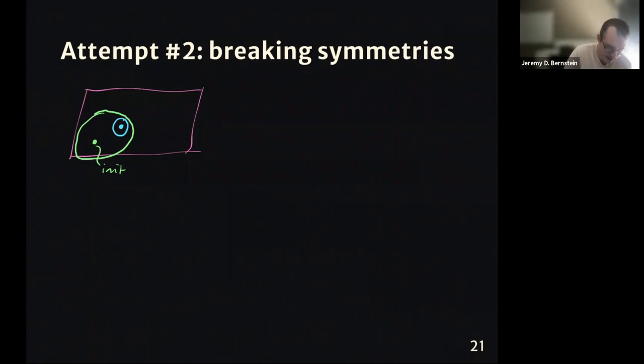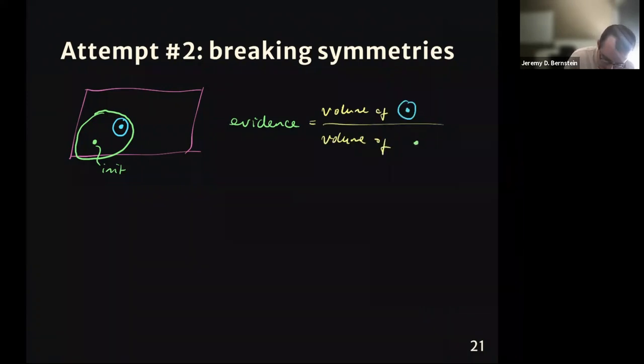And then instead of computing the evidence as the volume of the entire solution manifold divided by the entire weight space, they take the evidence to be the volume of that one solution, which we've illustrated like this, divided by the volume of the ball that is centered on the initialization and covers that solution.